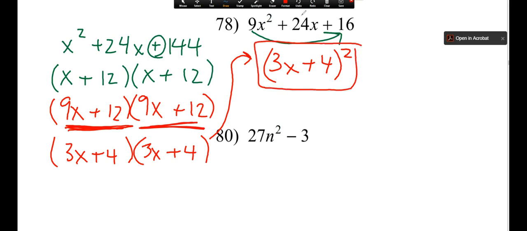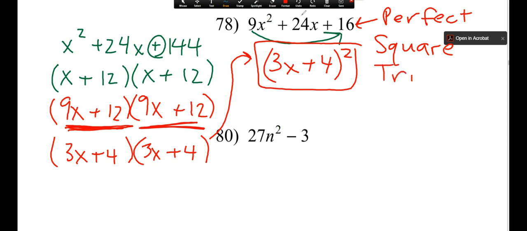Now, what you found, this thing right here, is actually called a perfect square trinomial. One of the things that gives it away is this. Look at the ends. The ends are both perfect squares, right? Right.